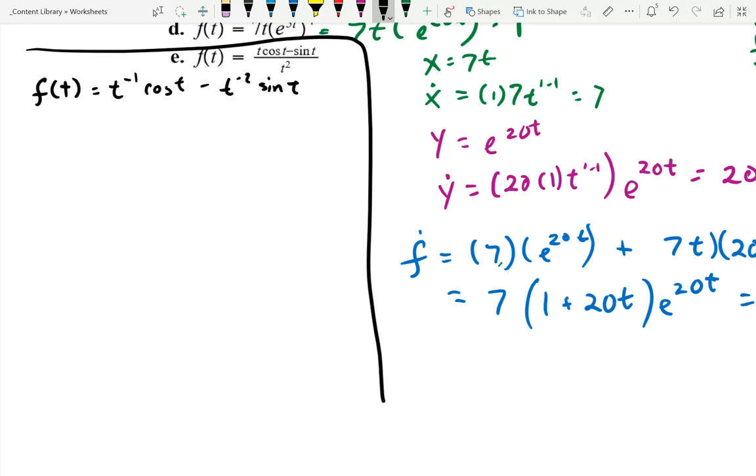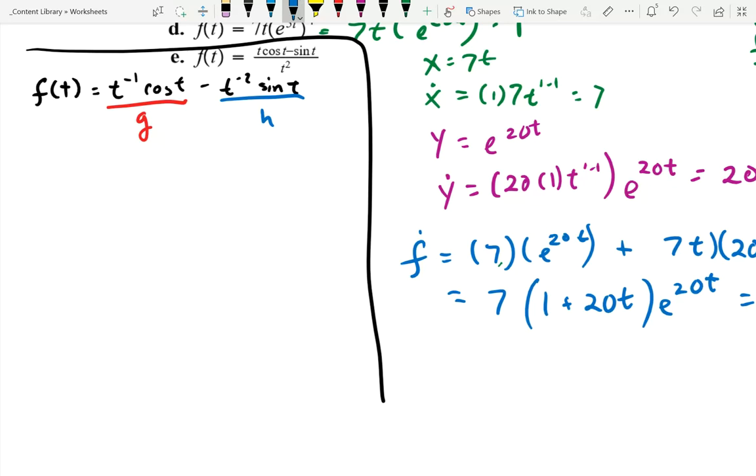Okay, so now we take the derivative of this. So I'm going to use the product rule 2 times. So in red, I'm going to do that one. So let's just call that G. And then in blue, I'll do this one.